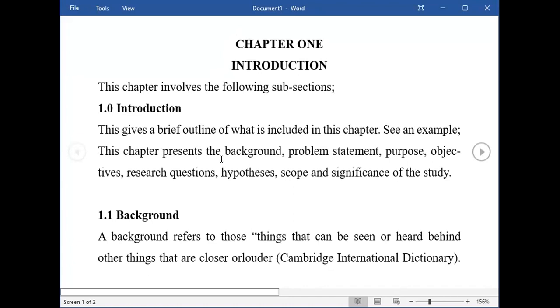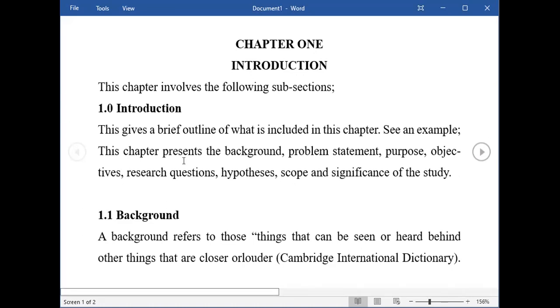We said this chapter presents the background, problem statement, purpose, objectives, research questions, hypothesis, scope, and significance of the study. That is a sample of the introduction to chapter 1.